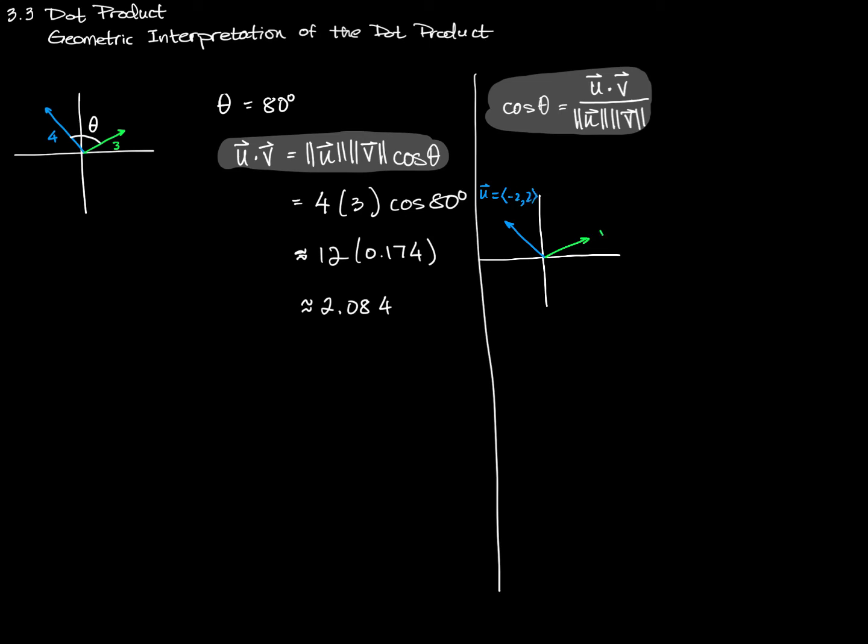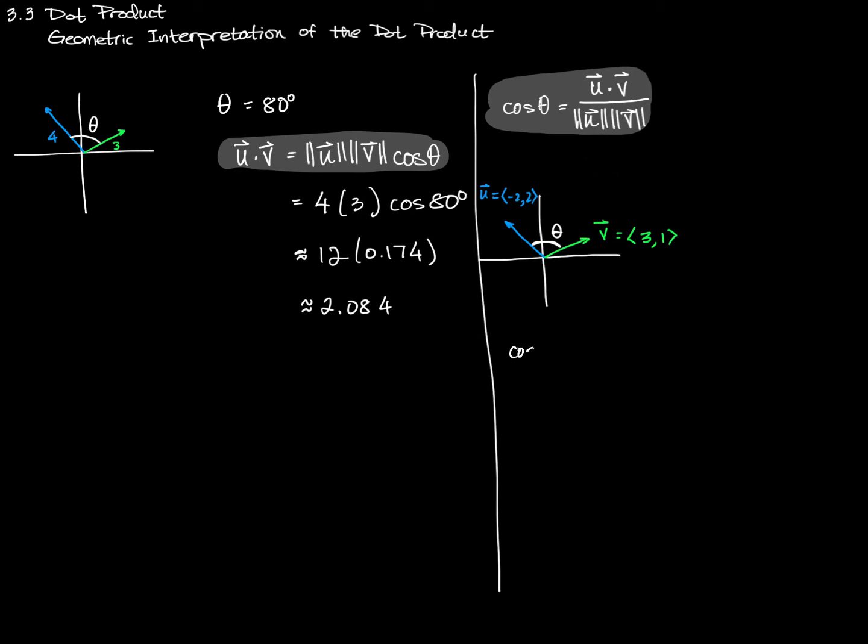And we'll say vector v looks like about maybe 3, 1. Then I can find the angle between these two vectors, if I call it theta, by using this formula here. So let's just dive in here.